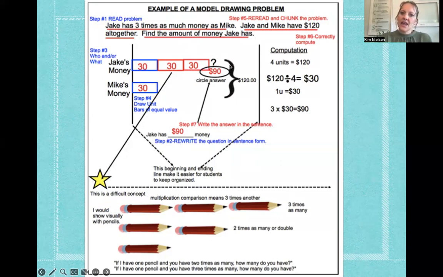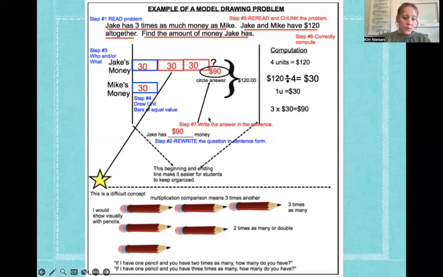And then I want to know how much they also have together, right? I don't know how much Mike has, and I don't know how much Jake has, but I know together, they have $120. But what I'm looking for is this question, what does Jake have? Okay, so that's kind of the pictorial, okay?